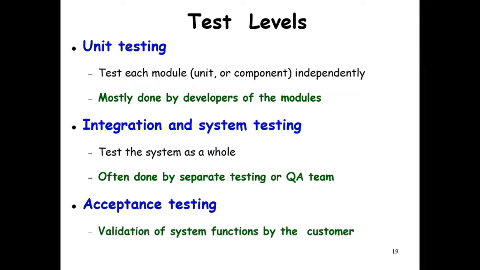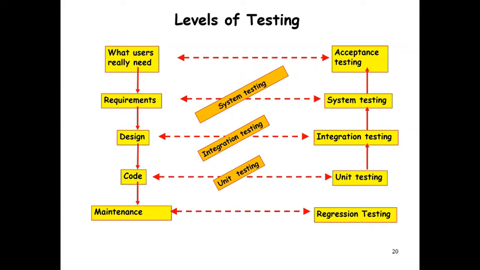And then comes acceptance testing, which is generally done by the customer. It's the validation of a system function by the customer. So these are the levels of testing. Here you can see regression testing is done in the maintenance part. Unit testing is carried out in the coding part.